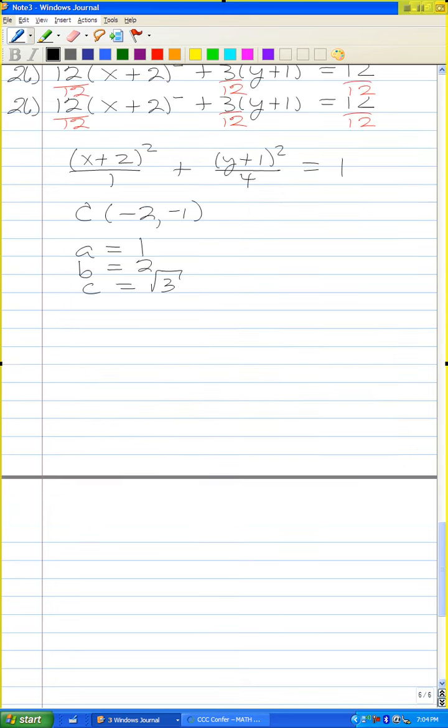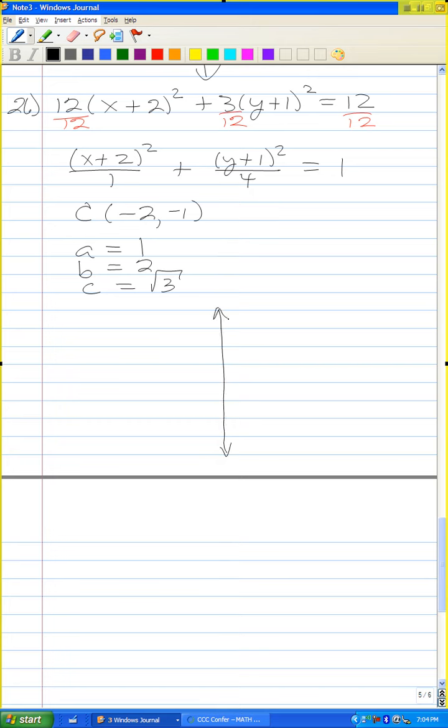Let me draw this ellipse. X, Y. So the center is at -2, -1.